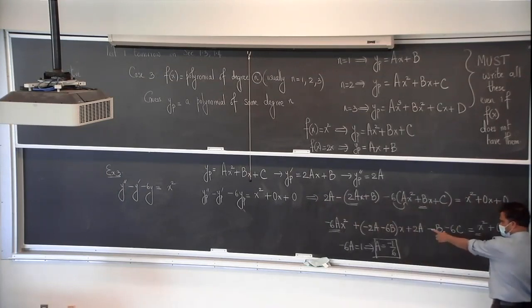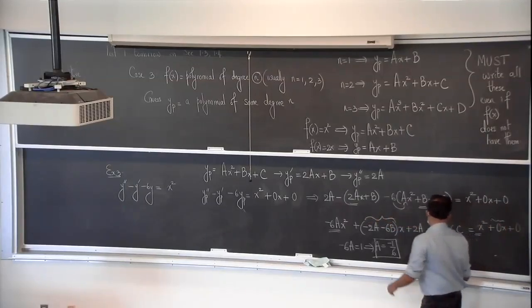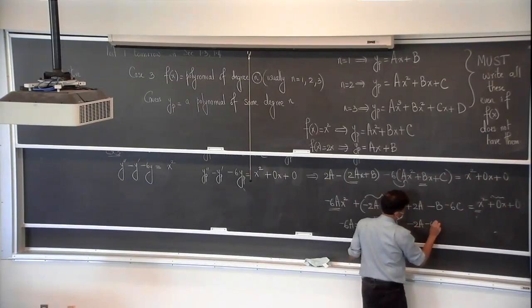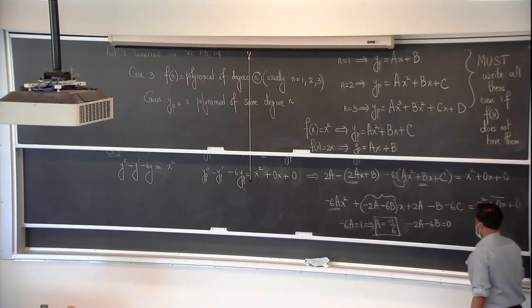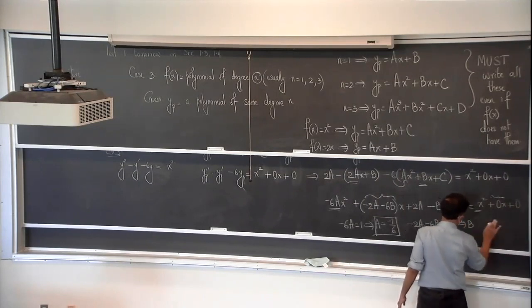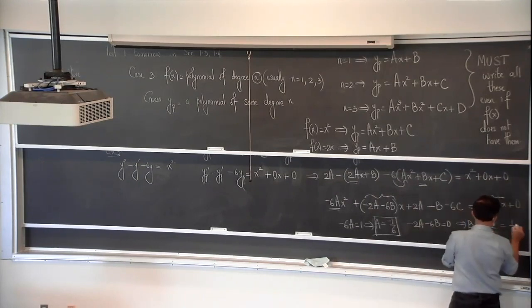Then you have negative 2a minus 6b equal to 0. So b is negative 1/3 a. That's going to be positive 1/18.